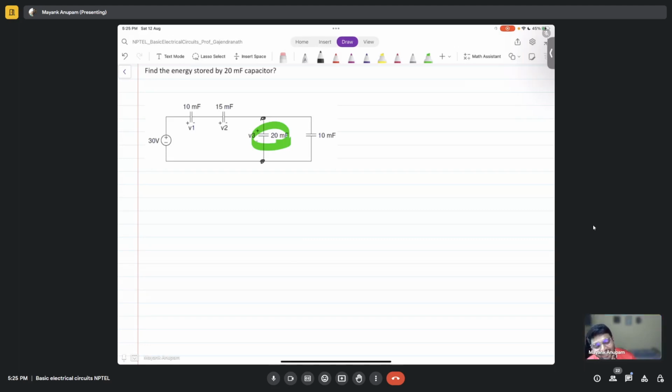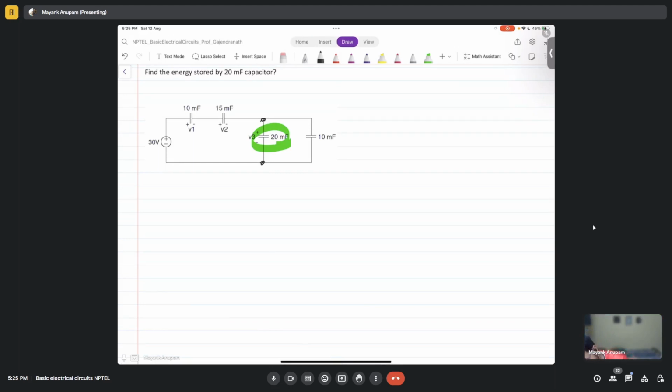We have to calculate that using the mesh equations. First, what you can do is simply use transformation, right? This is a parallel combination. So what will be the effective capacitance here? 30 millifarad. Yes. So this will look like a 30 millifarad capacitor here, and the voltage across it will be V3, correct?